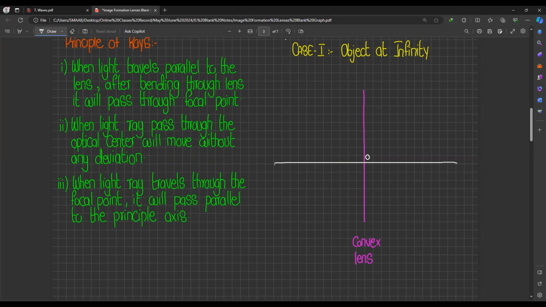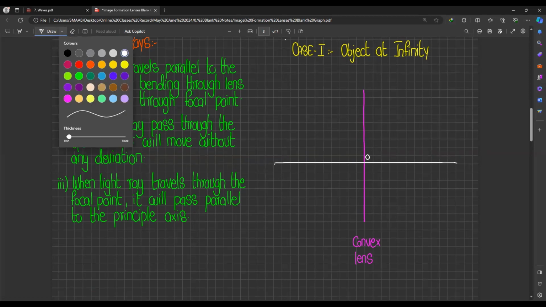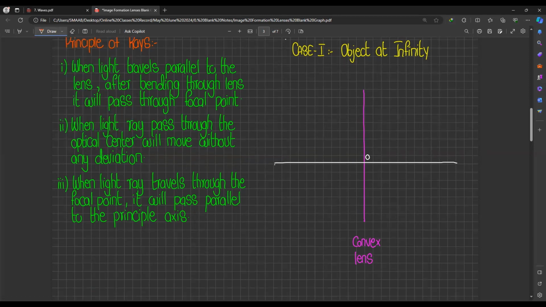First of all, we consider two light rays coming from the object at infinity. So when object is at infinity, we consider two parallel light rays coming from a random angle, right? And how we consider that? Let's suppose we mark focal point like 1, 2, 3, 4. If we count four boxes, after four boxes we have principal focus, and 1, 2, 3, 4 from the left also, right?